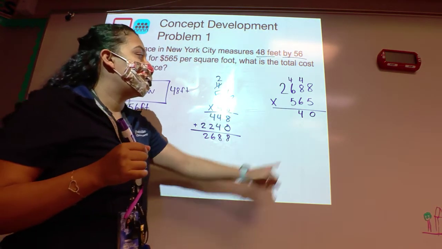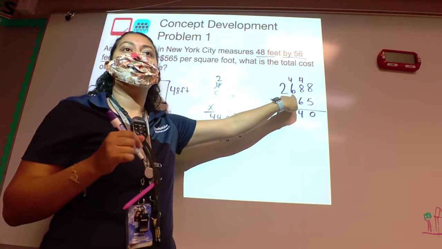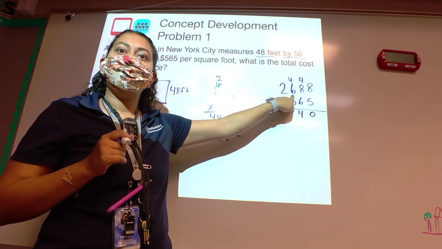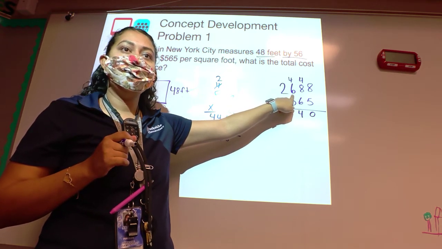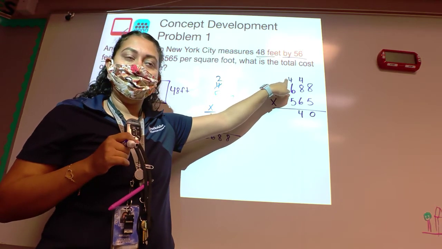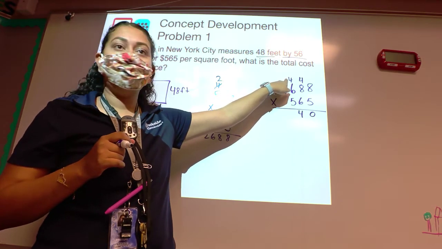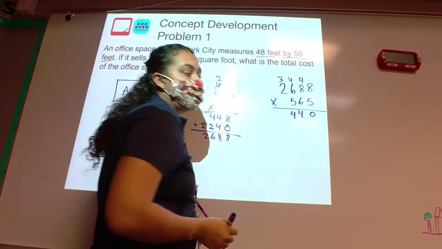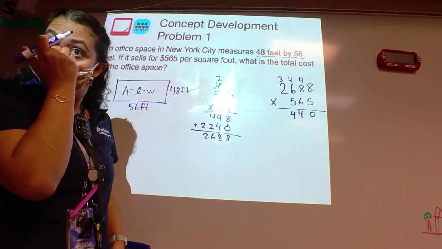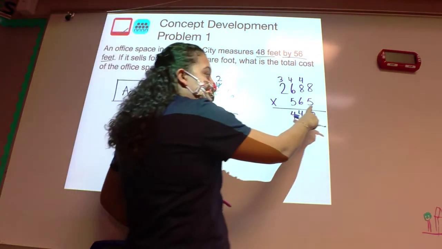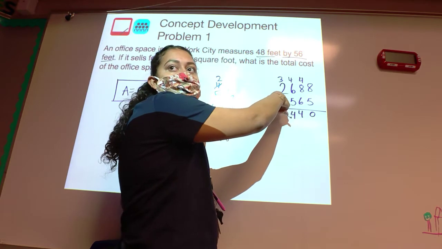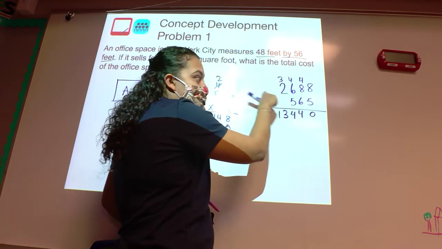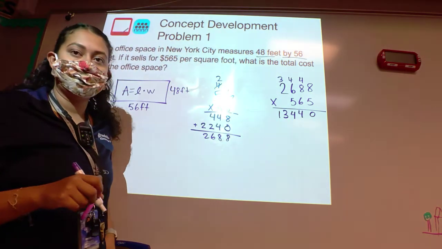Okay, so now we have 5 times 6. 30. So now 30 plus 4, 34. So 4 here, carry the 3. Okay, now we have 5 times 2. 10 plus 3. 13. 13 down here because we don't have any more digits to carry it over to.